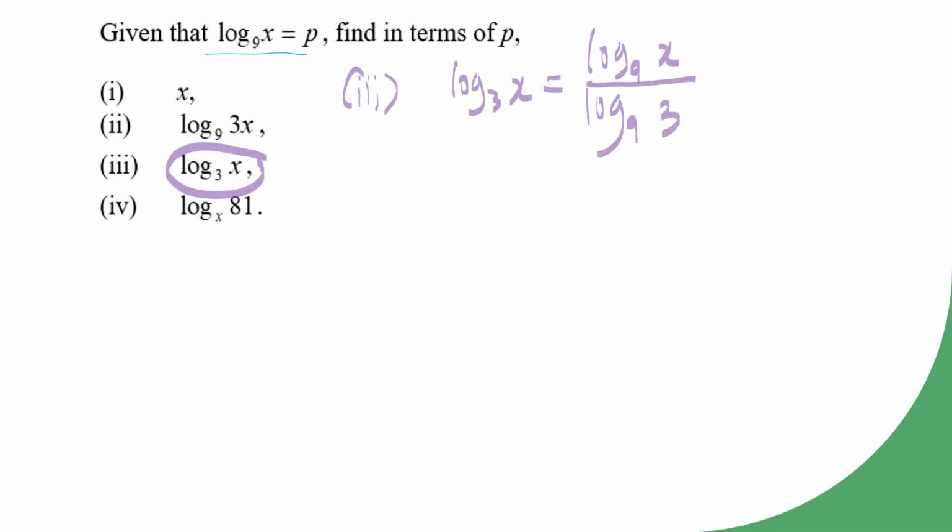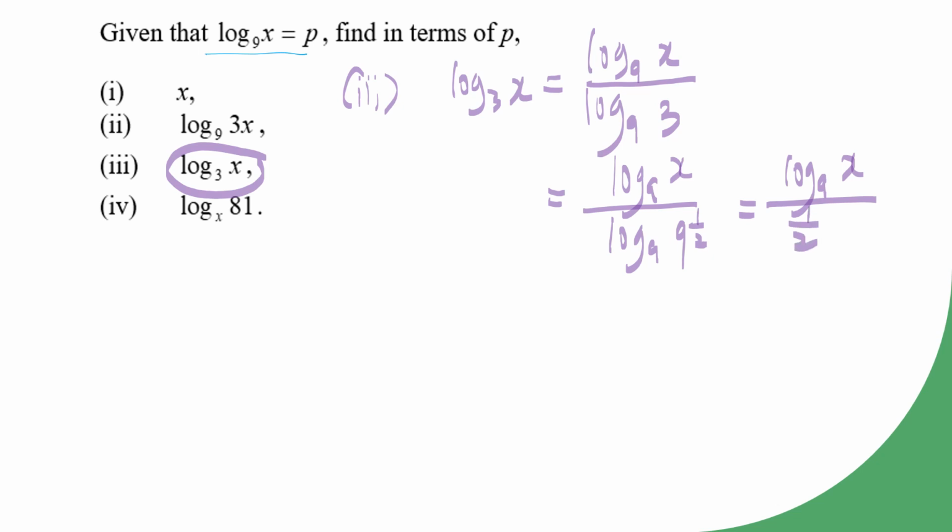Okay? And then we mentioned earlier on, you must be able to write 3 as 9 to the power half. So you're going to write 3 as 9 to the power half. Then you apply the power law. So the log 9 base 9 is 1. And then you're going to substitute log x base 9 to be p.